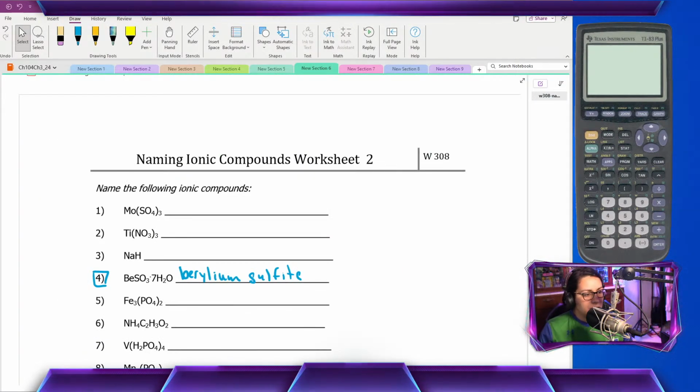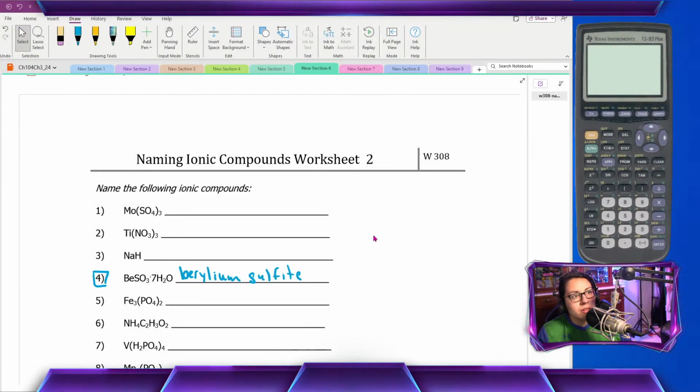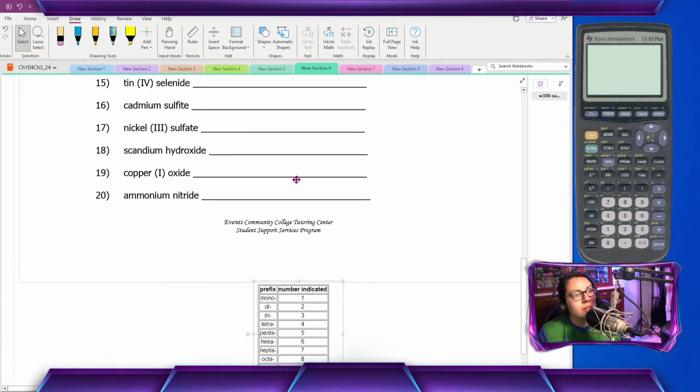All right. Anyways, so the point is that we need our prefixes to indicate how many waters. And so this is just a list of common prefixes.